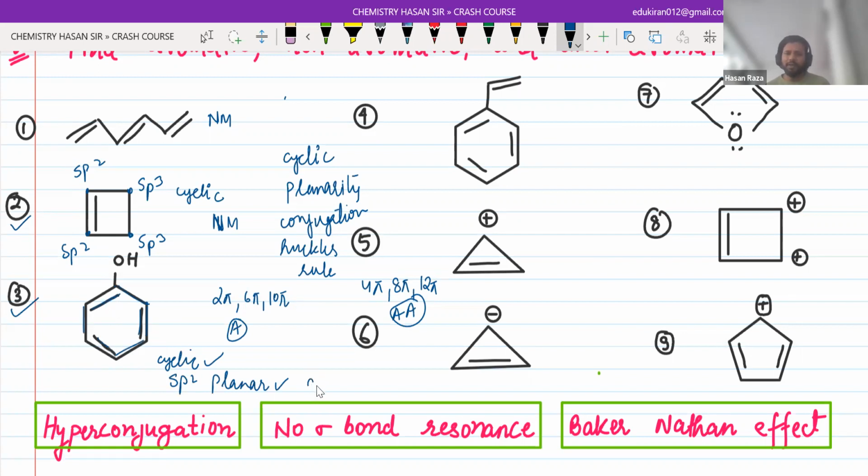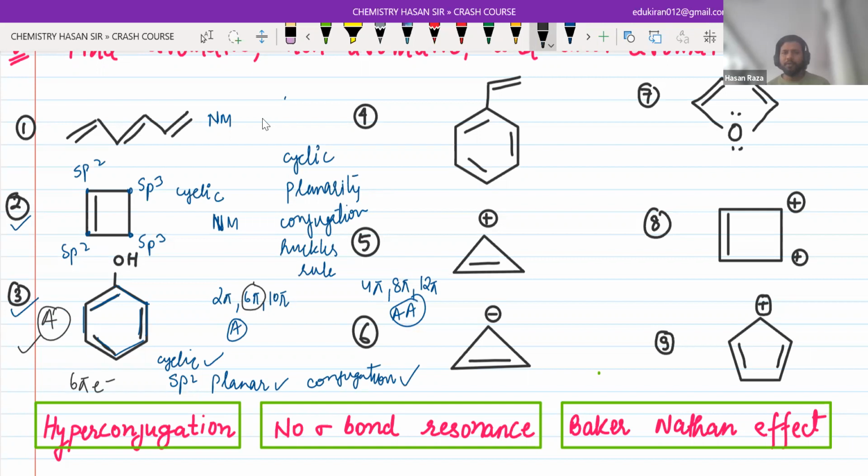That means conjugation is there. Then count the number of pi electrons. How many pi bonds are there? 3. So there are 6 pi electrons, and 6 pi electrons comes under aromatic. So it is an aromatic compound. I think it's clear to all of you.